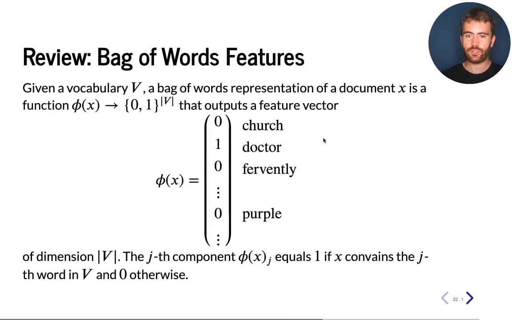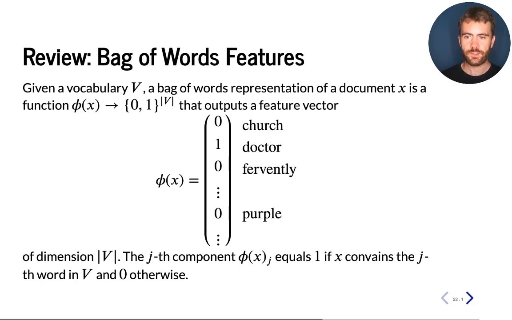And the main challenge in order to apply machine learning algorithms to text classification is finding a good feature representation. Because each X is just a sequence of words or characters, it's unclear how we can transform it into a fixed set of features, into a vector, like we did in all of our earlier algorithms.